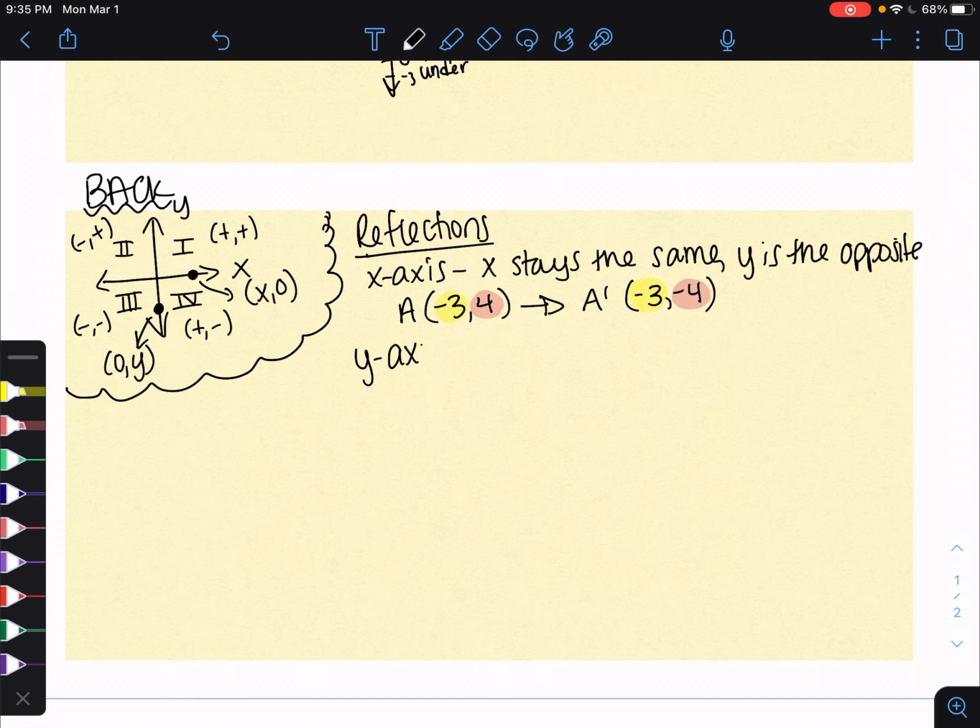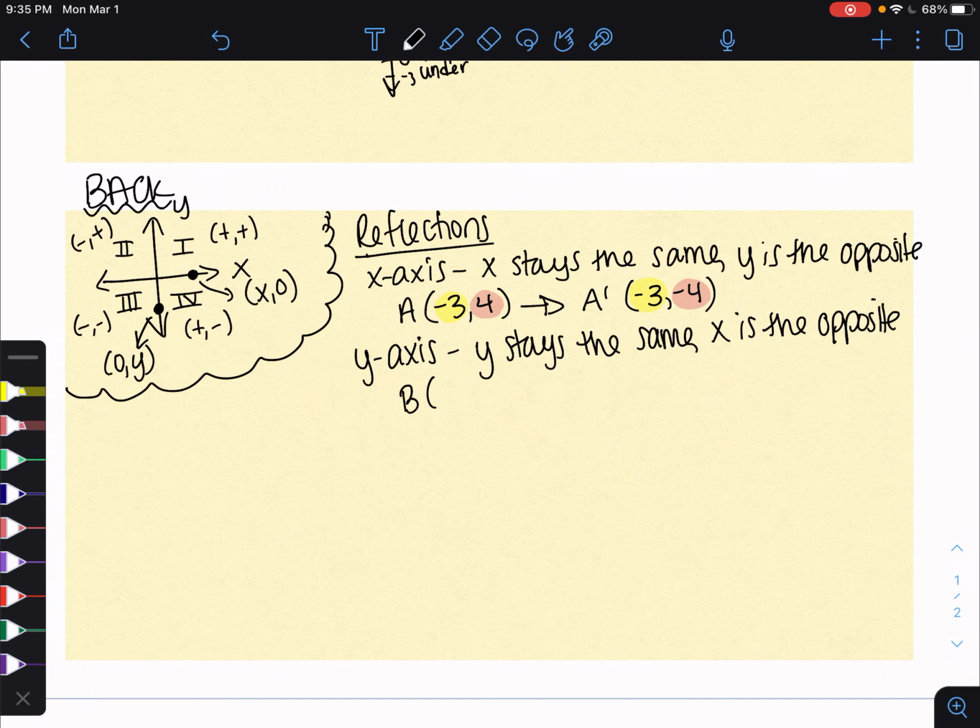If I'm reflecting over the y-axis, y stays the same. X is the opposite. So if I've got B is 2 comma negative 3, then B prime is going to be negative 2, negative 3.